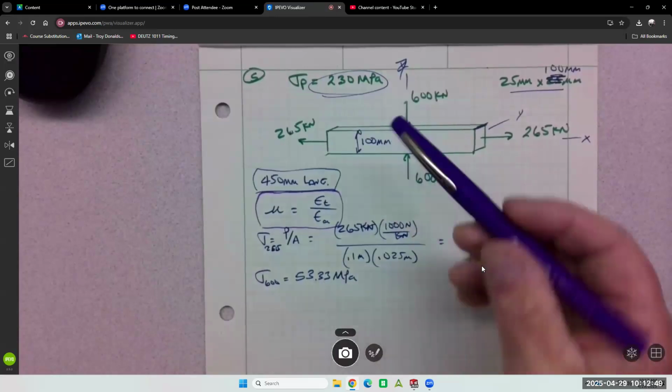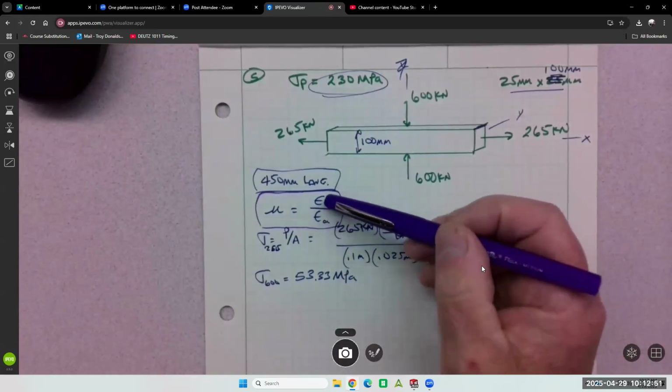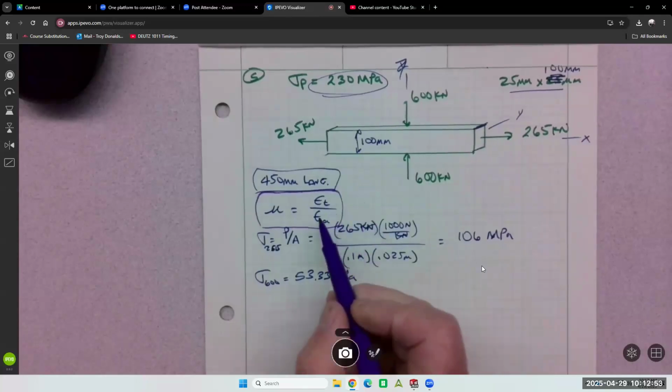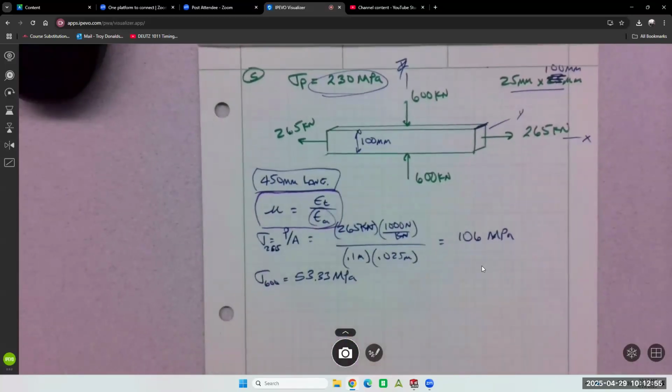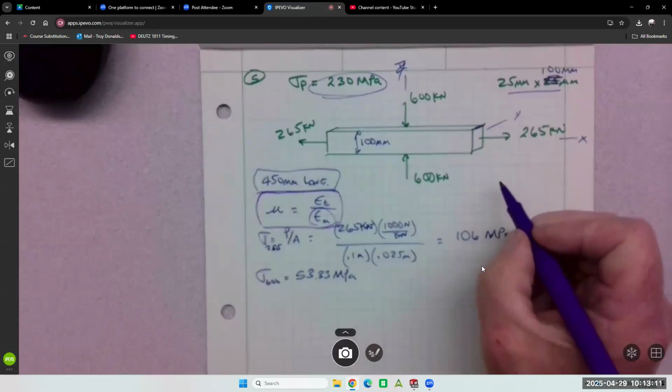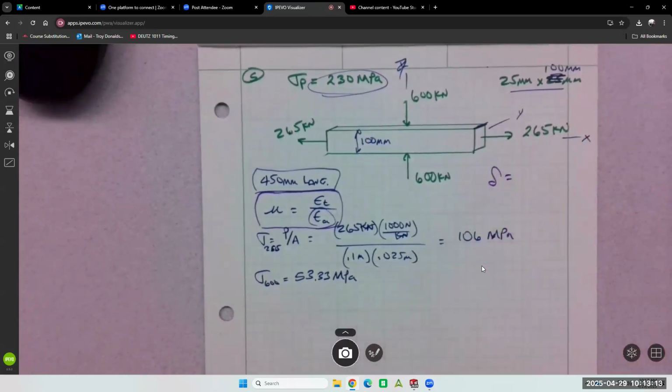Poisson's ratio is the relationship between the axial and the transverse. We have to find the axial first, and they're independent processes, right? So how do we get the axial change? You want to remember that formula? Elongation is deformation: PL over AE.